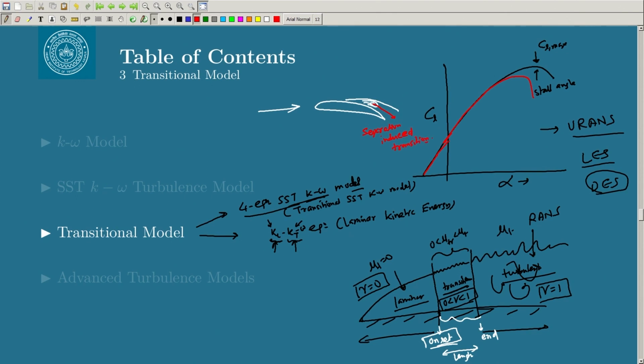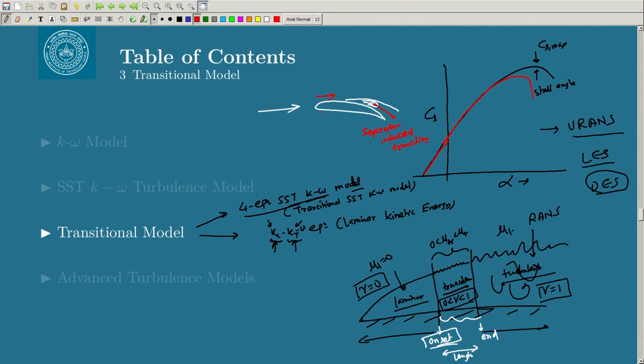The flow may be laminar upstream, okay, but because of the separation, some activity started happening in the boundary layer, and that made the flow transitional, okay. So, again the prediction of the separation bubble is a task, right. What kind of bubble it should be, an open bubble or a closed bubble, okay. The flow may be transitional before it, okay, then you have to find out how this bubble is changing the behavior of the boundary layer there, or the flow may be laminar upstream. So, then it is a case of laminar separation bubble.